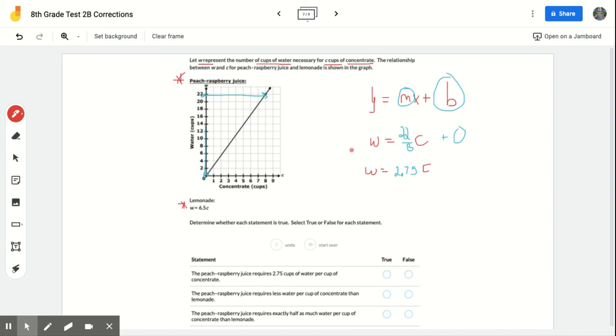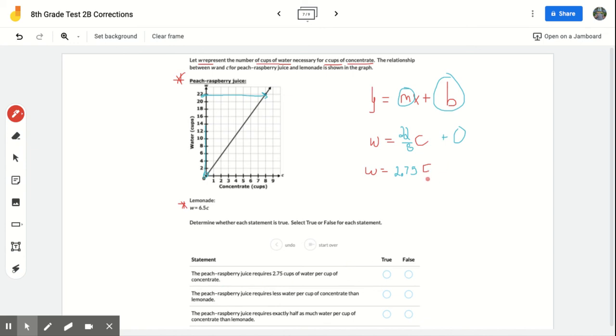Okay, so that's for the peach raspberry, and then you have your lemonade right here. Let's take a look. It says determine whether each statement is true. Select true or false. So let's see. The peach raspberry juice requires 2.75 cups of water per cup of concentrate.